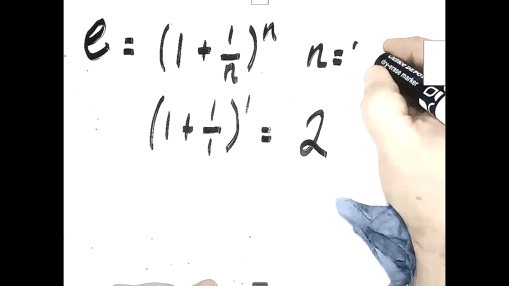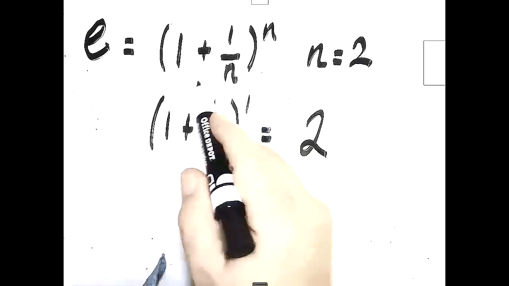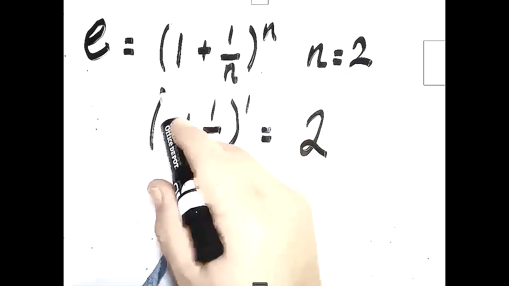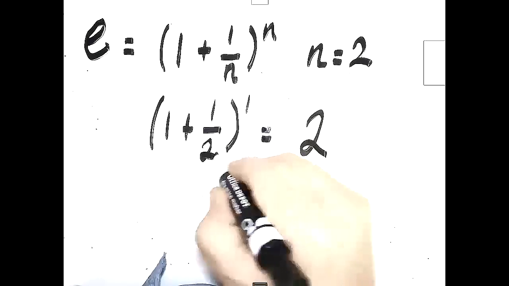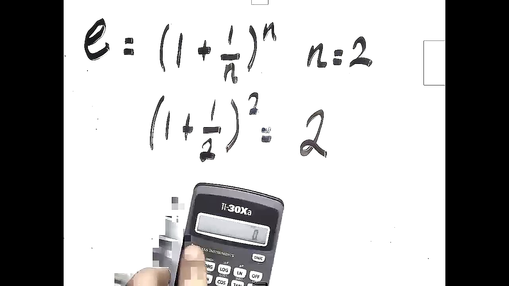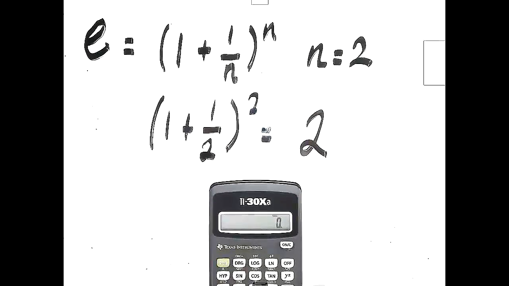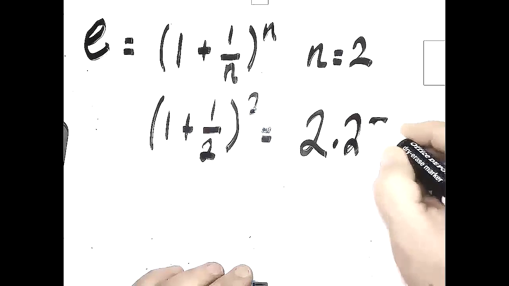What if we, though, raise this to the second power? What if n was 2? What if we do this twice? Well, that means we're going to multiply 1 plus 1 over n times 1 plus 1 over n. And so the n here becomes 2. This is 1 plus 1/2. We're going to square that. And when we square it, we get this number, 2.25.